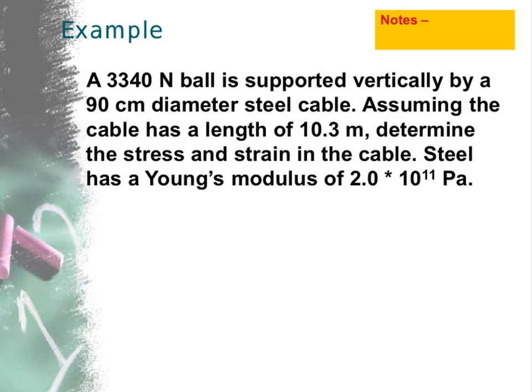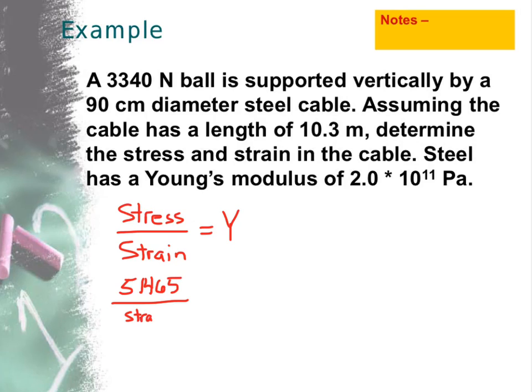Okay, now in order to calculate the strain in the cable, we know that stress divided by strain is equal to our Young's modulus. And we are given the Young's modulus for steel. It's 2.0 times 10 to the 11 pascals. So let's plug in some numbers and solve for the strain.